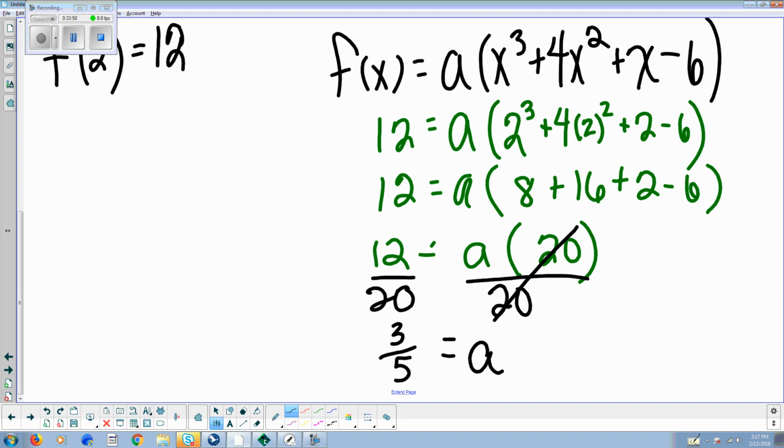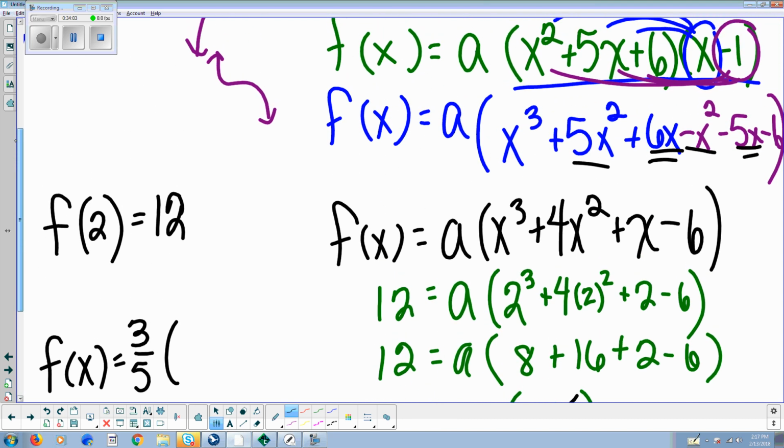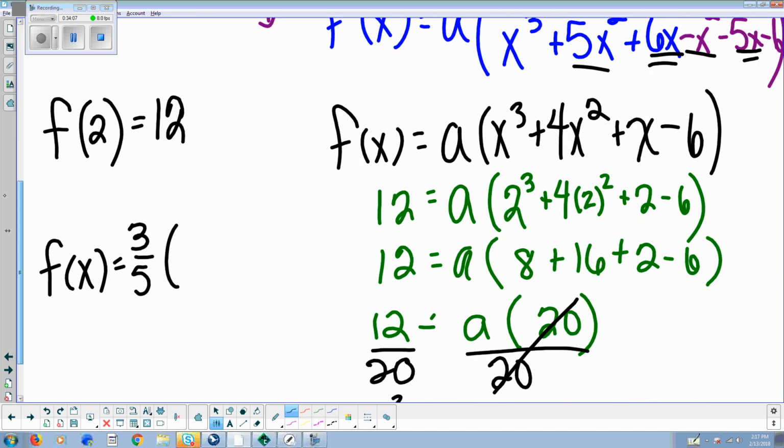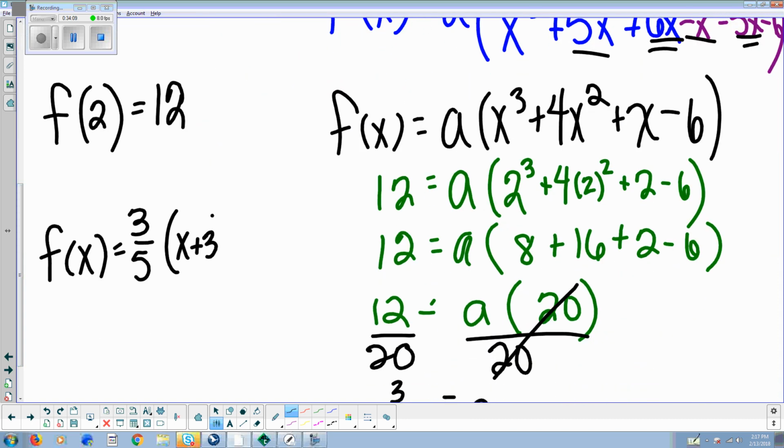So here's how I write my overall answer. F of x equals my compress factor 3/5 multiplied by, what were my zeros? x plus 3, x plus 2, and x minus 1.